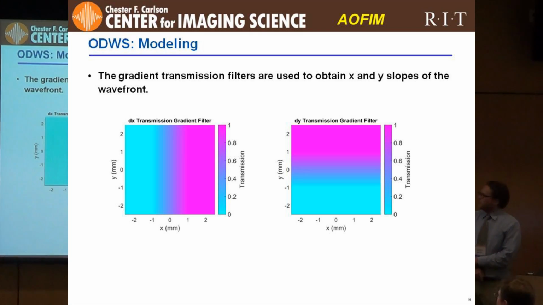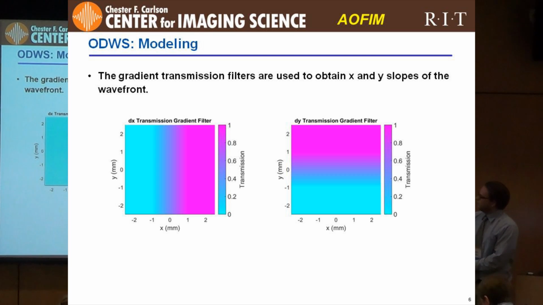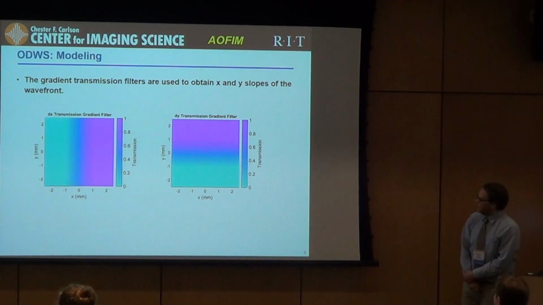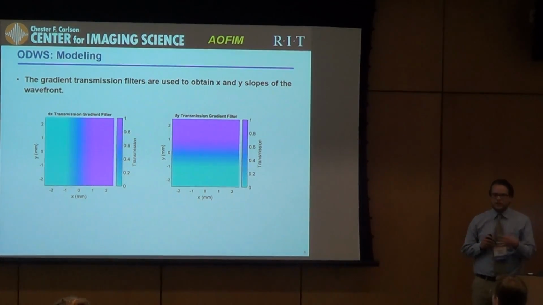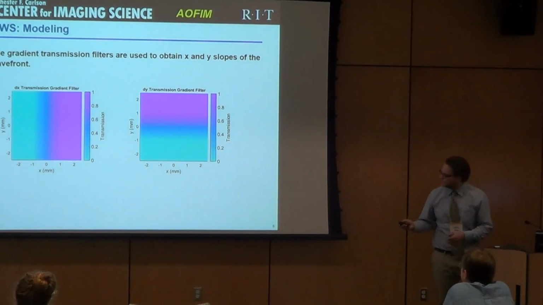So here's how the transmission gradient filters look. On the left is the DX filter, and on the right is the DY filter. So 0 transmission blocks all the light, 1 transmission lets all the light through. And that's how you determine from intensity where your measurements are located in the focal spot.